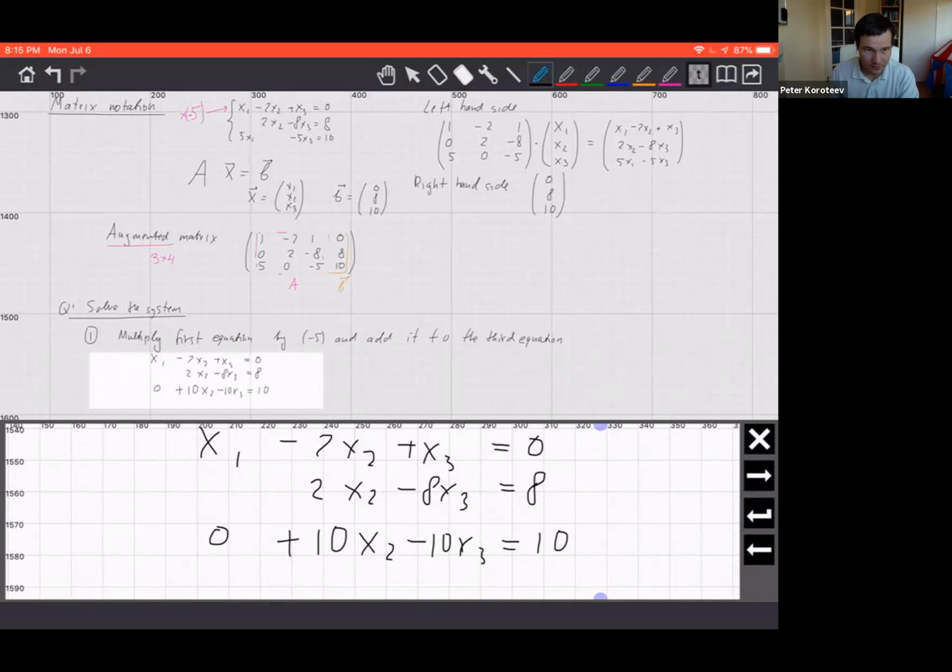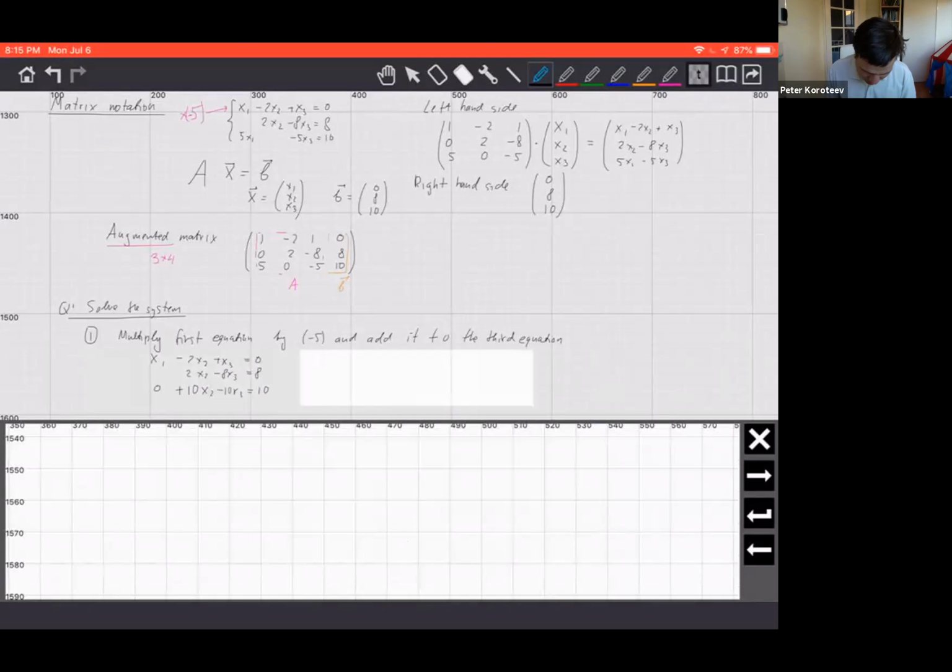Right? Now, that's what's been done. Now let's interpret what happened in terms of the augmented matrix. We're just going to write next to it the augmented matrix for the system. So I'm just going to write it down here.